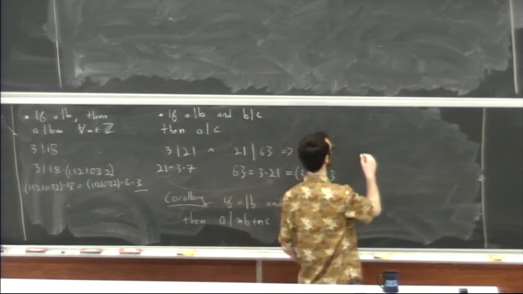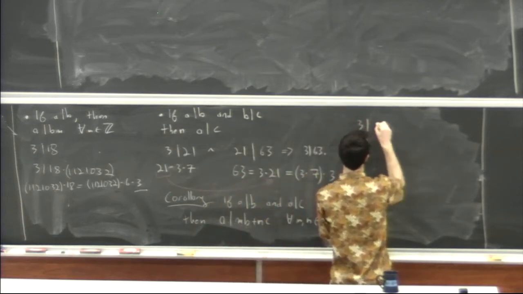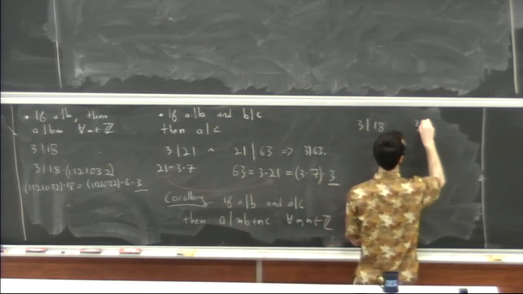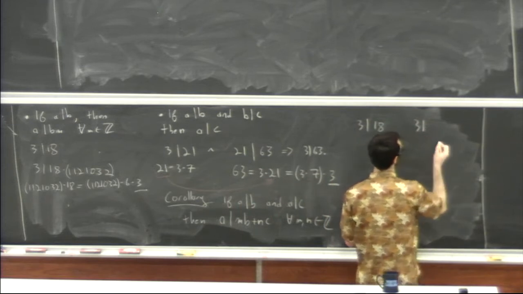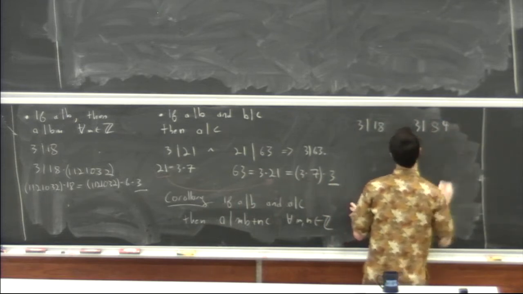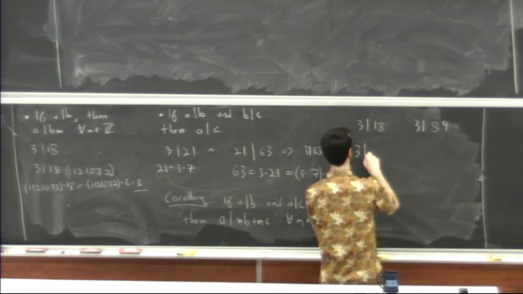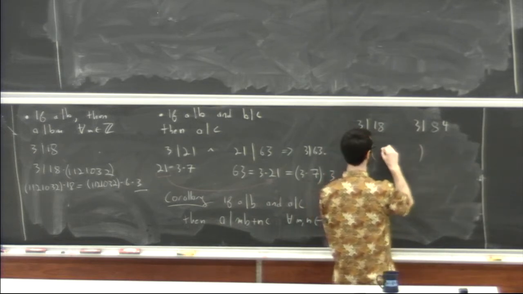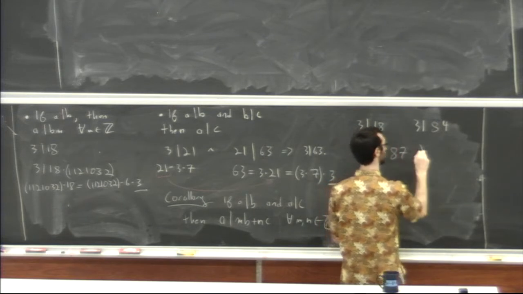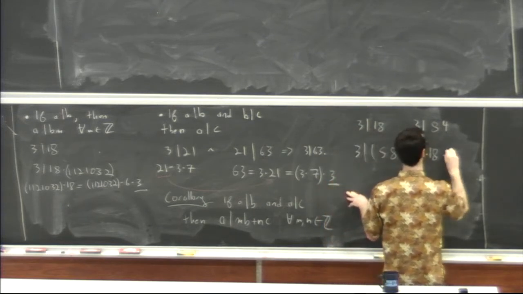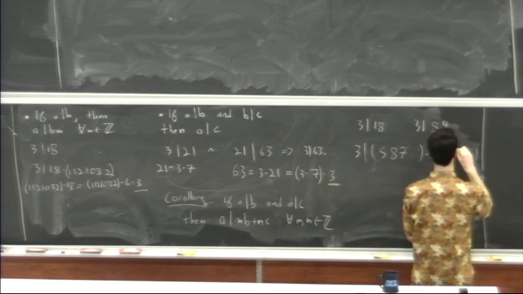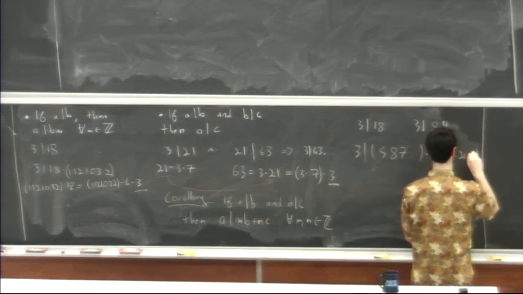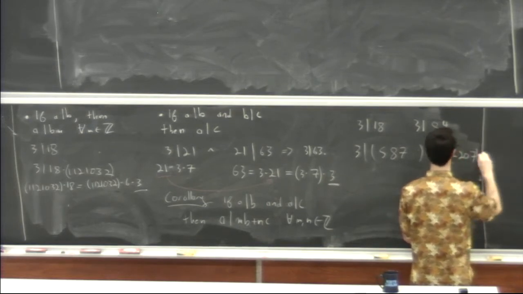So for instance, if I know that 3 divides 18 and I know 3 divides 84, then I know automatically that 3 divides whatever terrible number I put here, like 587 times 18, plus, I don't know, negative 207 here times 84.